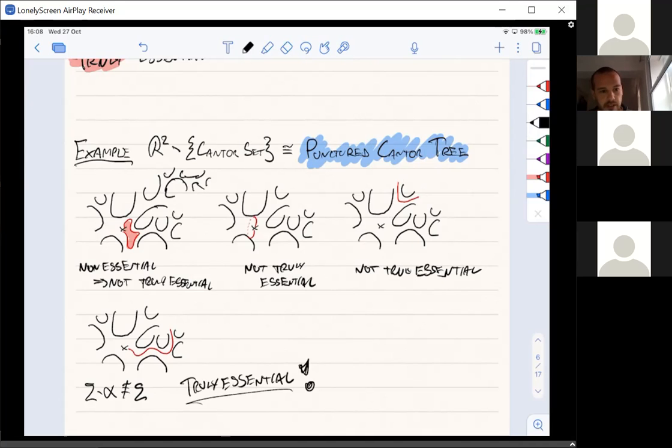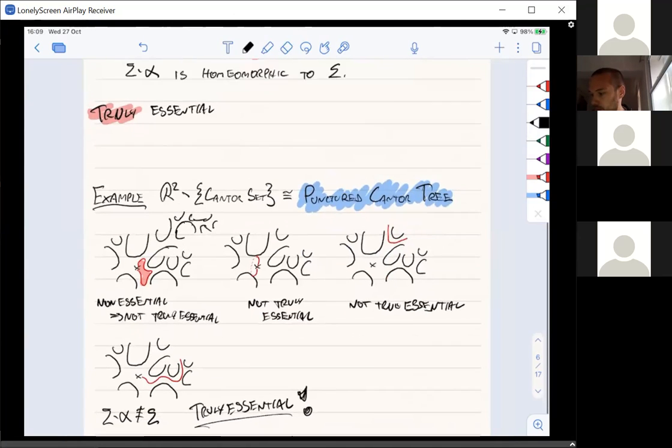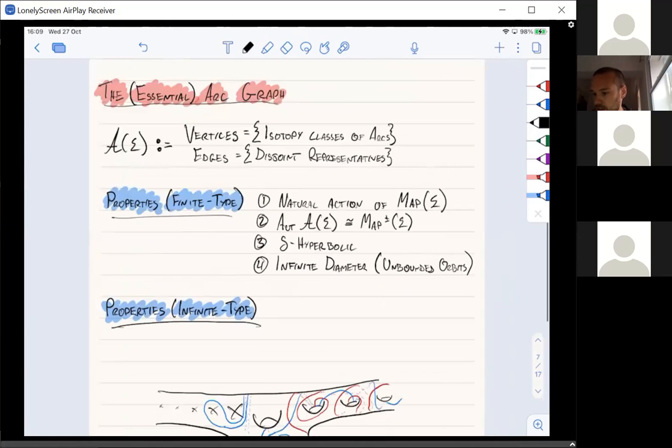So what I'm going to do now is give you an application for these truly essential arcs. It's an application that works for truly essential arcs, which does not work for essential arcs in the infinite type setting. And that application is the arc graph.